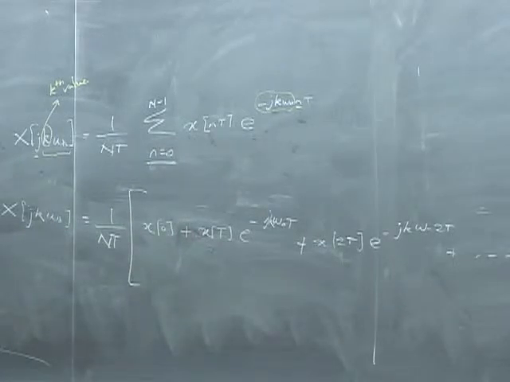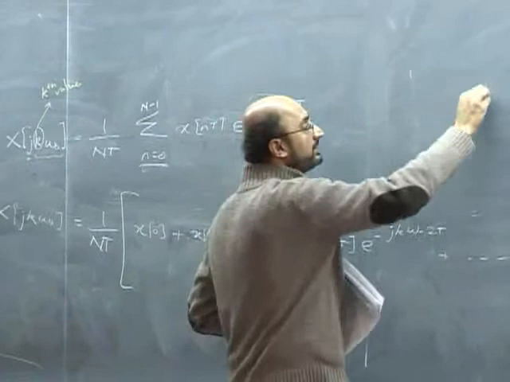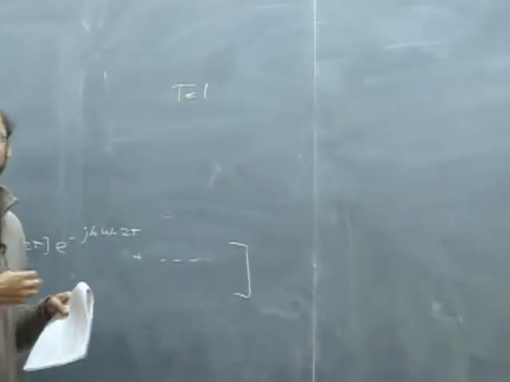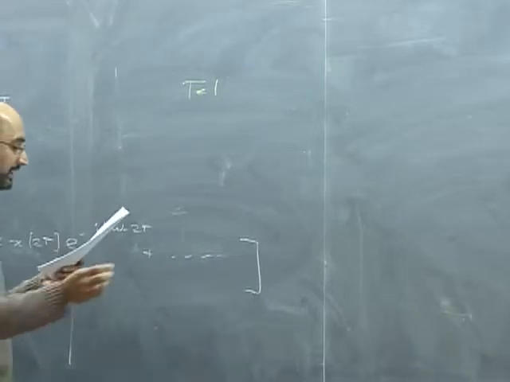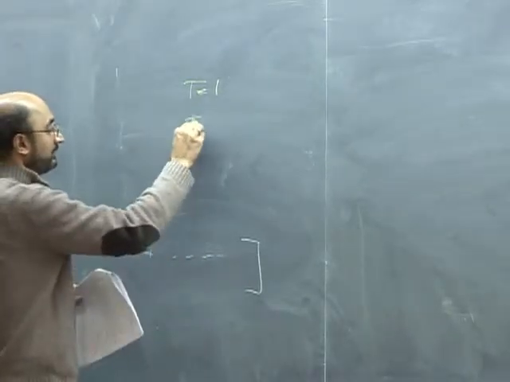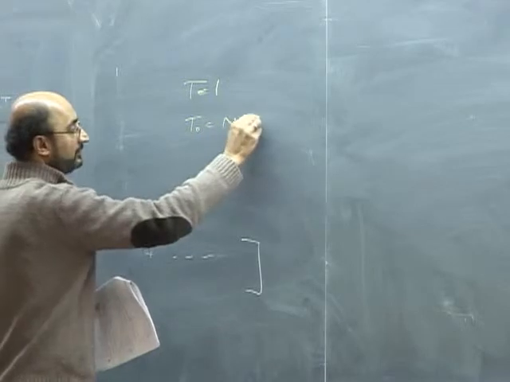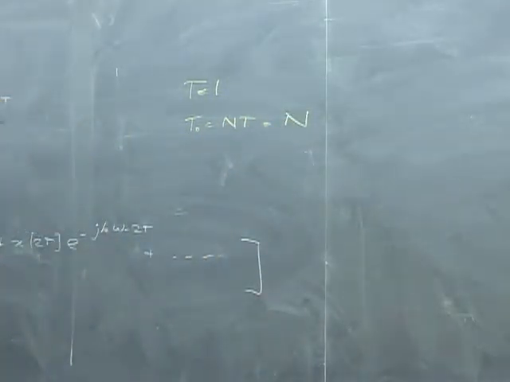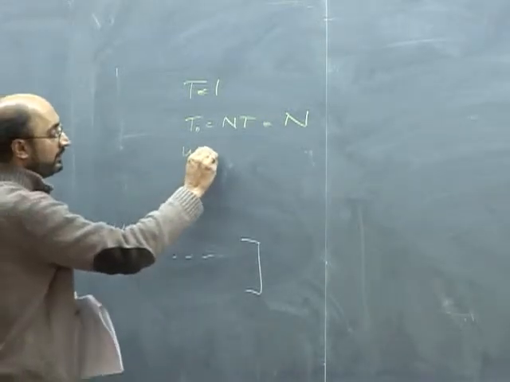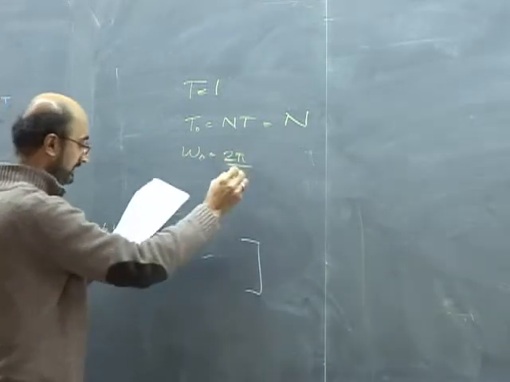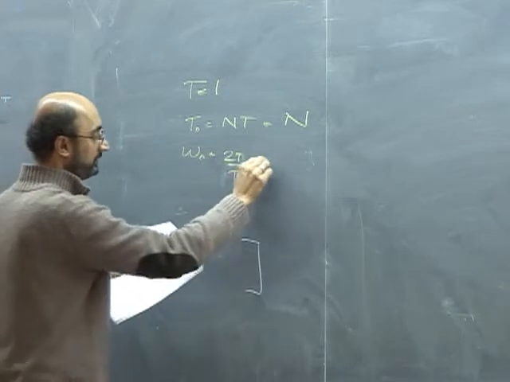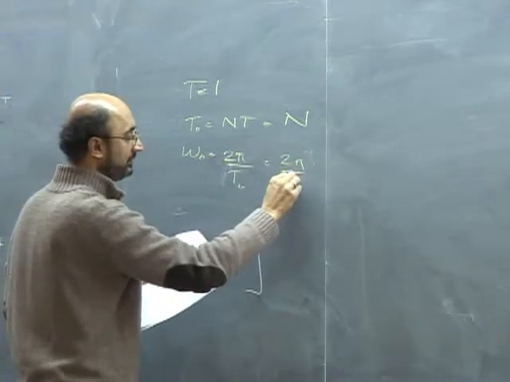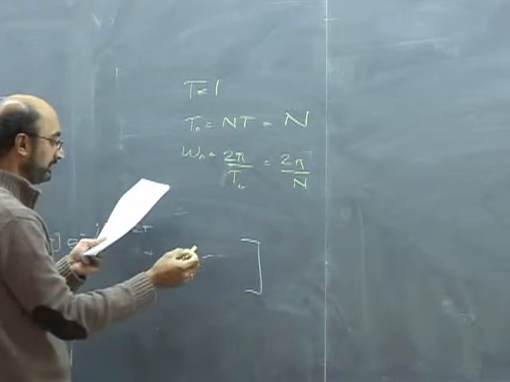Now I'm going to put some simplifications down. So let's assume that T equals 1. We just arbitrarily say the sampling period is 1. Whatever it is, we'll just make it unit. And second, we'll say that T naught equals NT, which is going to be N. So by definition, we get T naught equals N. Then omega naught is going to be 2 pi by T naught, which is 2 pi by N by definition.